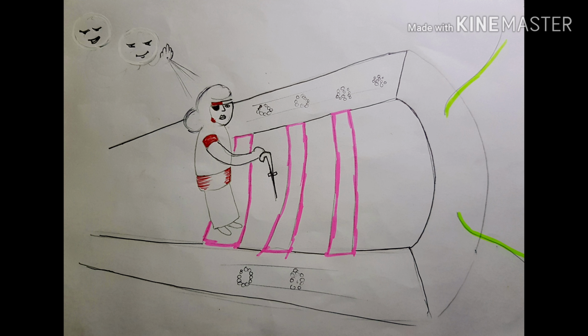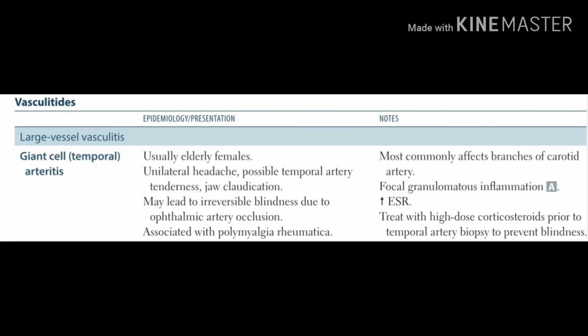Okay, so this was all about giant cell arteritis. So as I read through the lines in the book, you should remind yourself of the image. So it affects usually elderly females, that's why the female character, and more than 70 years old should be reminded by the 7-shaped cane, unilateral headache, possible temporal artery tenderness, jaw claudication, and that is why she cannot talk, and that's why the drug was tocilizumab.